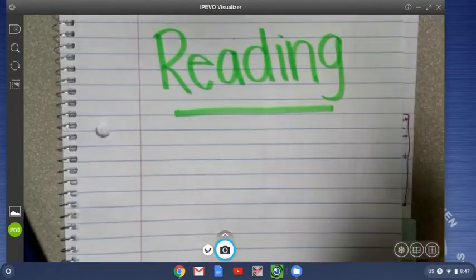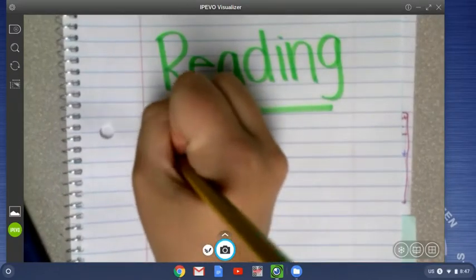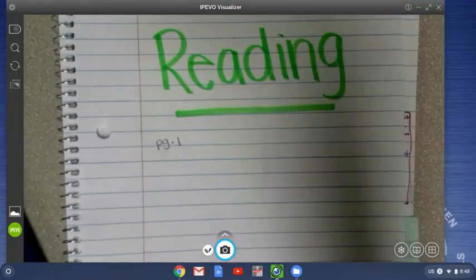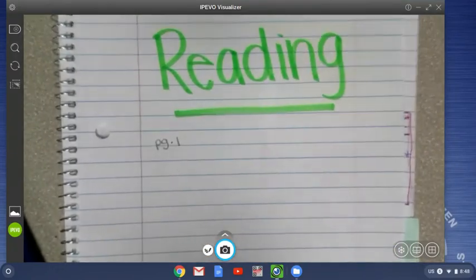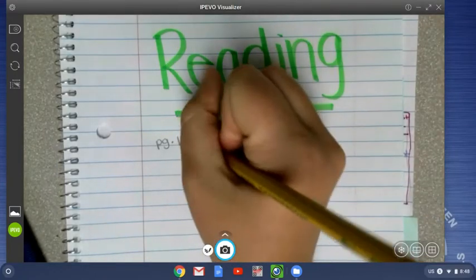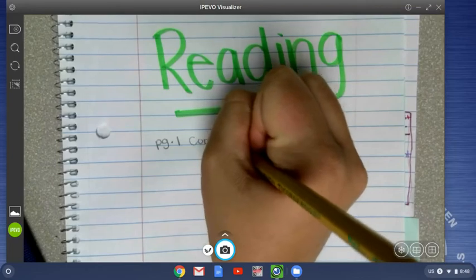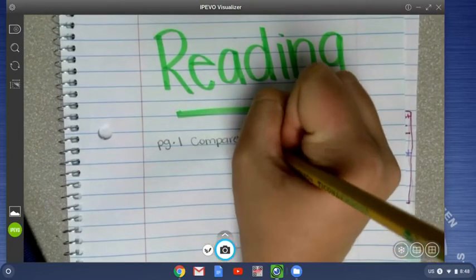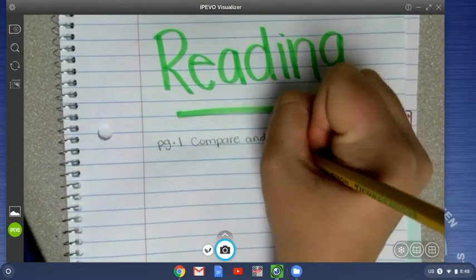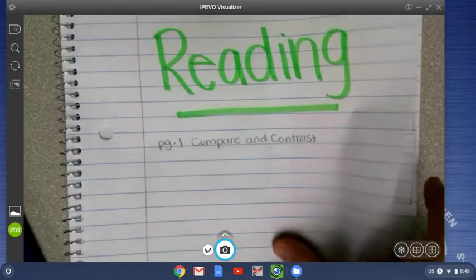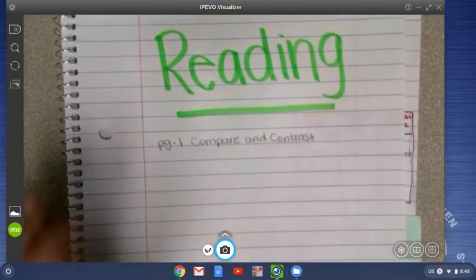And on this anchor chart, you can write page 1 of our reading anchor charts. That's going to be compare and contrast. And then today's anchor chart will be there.